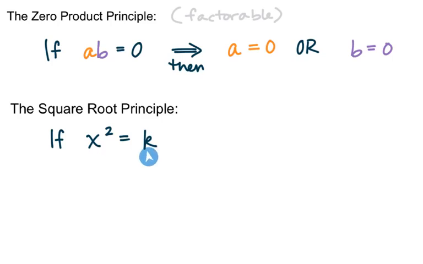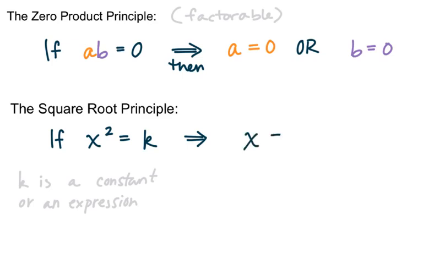It could also represent an expression. So if we have a squared variable equal to some constant or some expression, what we can do is use a square root. That would be the inverse operation. That would be x equals plus or minus the square root of whatever k was.